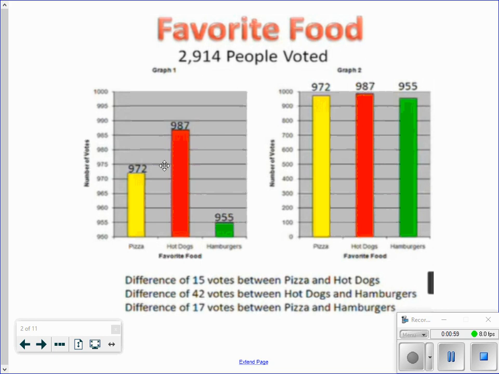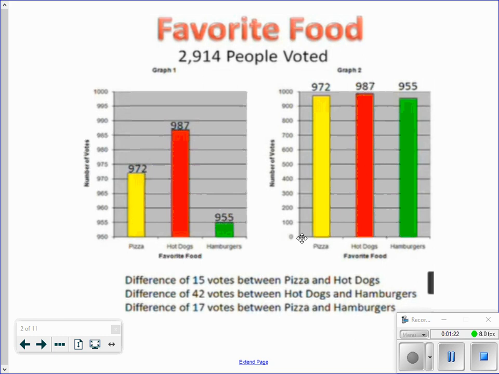The big reason here is on graph 1, the y-axis starts at 950 and it goes up by fives. So there's a big difference between the results, between 970 and 975 and 980, 955. So you can really tell there's a big gap between 972 and 987 and 955.